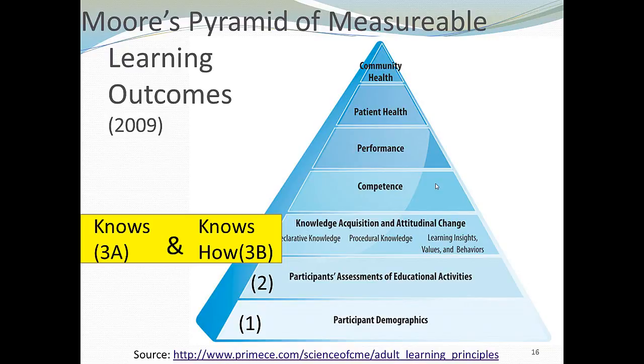Number 2 is how did the participants feel: the satisfaction level with the food, the instructors, the overall use of the time. And then 3, we commonly think of as 3A and 3B, didactic knowledge, can you explain the mechanism of action of a drug, versus procedural, which is, do you know how to insert a central line?